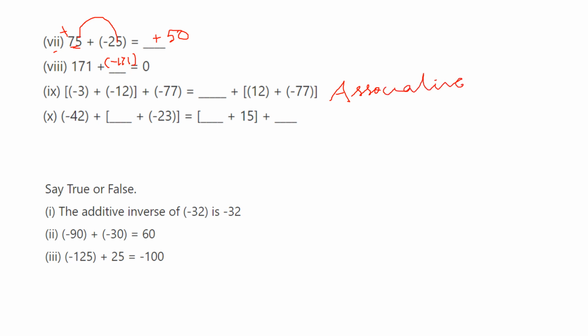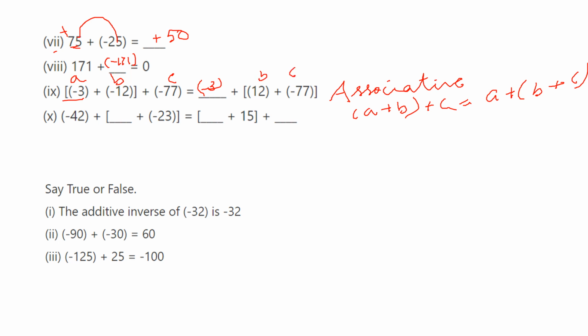That is, bracket of A plus B, plus C equals A plus bracket of B plus C. This is the associative property. Here, given this is A, B plus C. Here dash is A only, so you write minus 3 as the answer, because this is B and C.